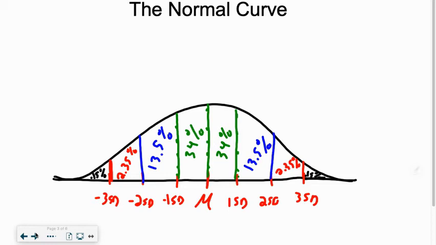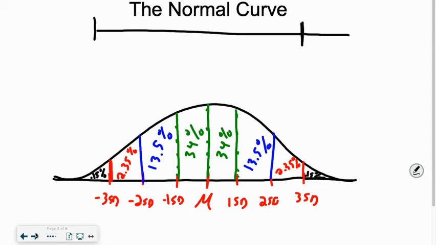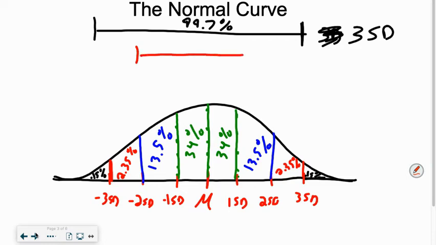So now just a little representation here. Within 3 standard deviations is 99.7% of the data. Within 2 standard deviations, falls 95% of the data.